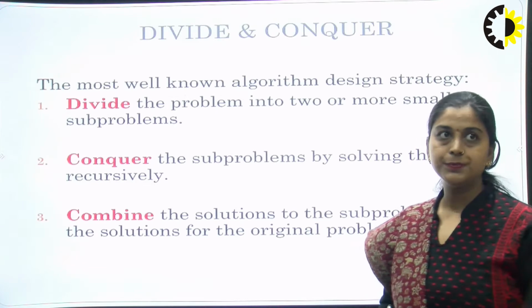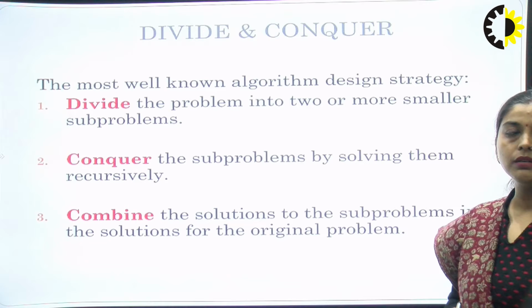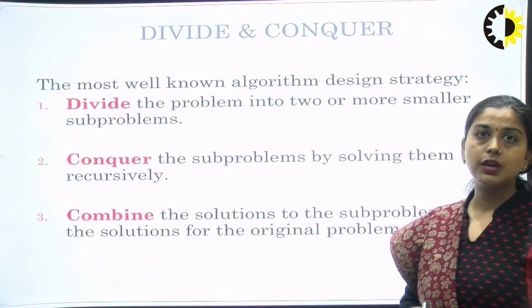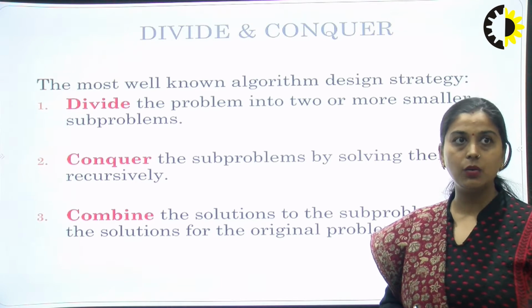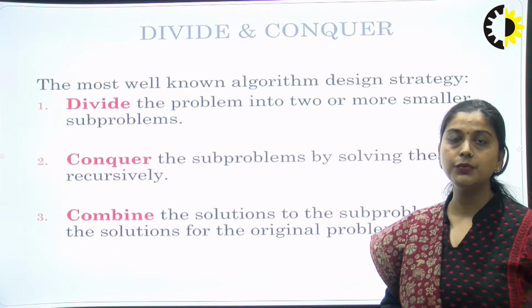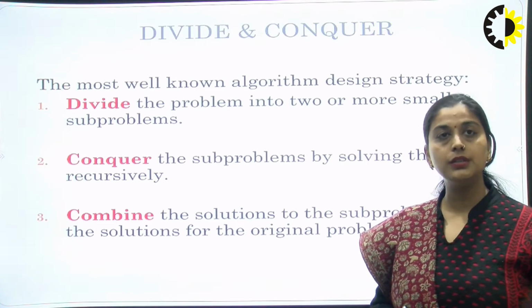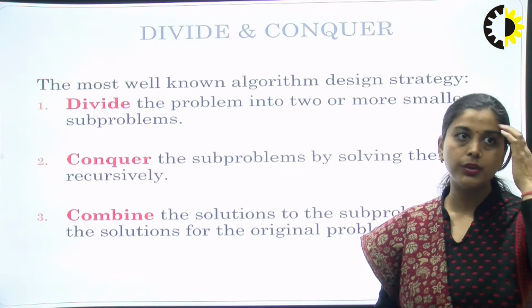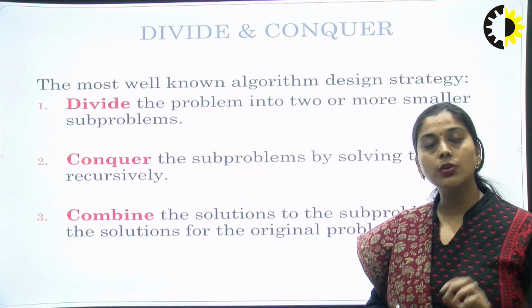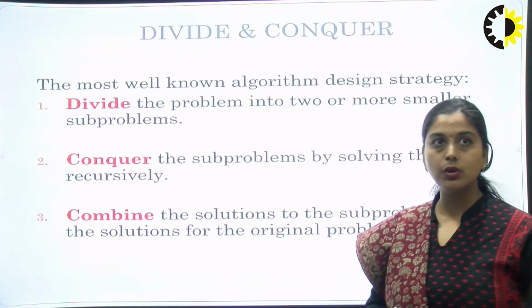So let's start. First of all, what is the divide and conquer method? Divide and conquer is a strategy for designing algorithms, and this is basically divided into three parts. First, we have to divide the large problem into sub parts, then conquer them, and after the solution of each part is found, finally we are going to combine them.